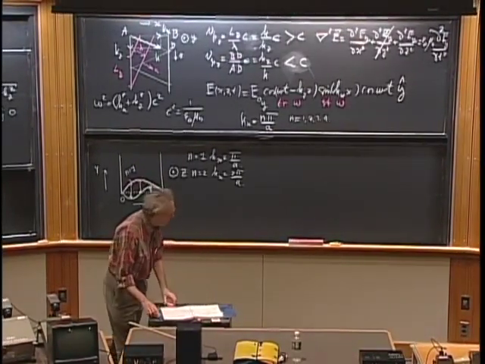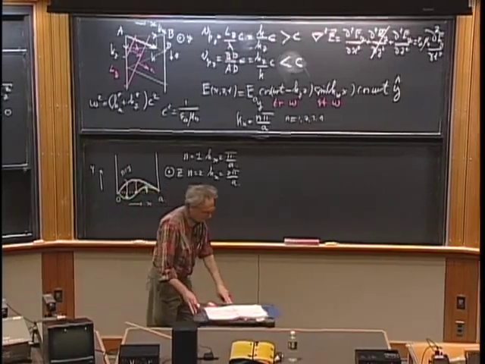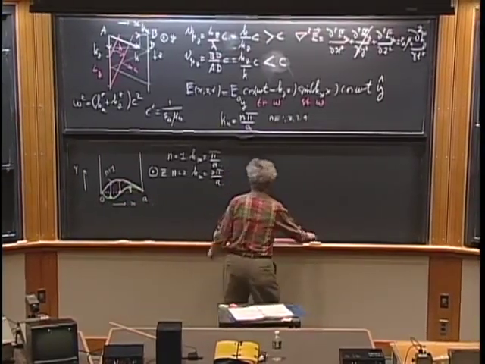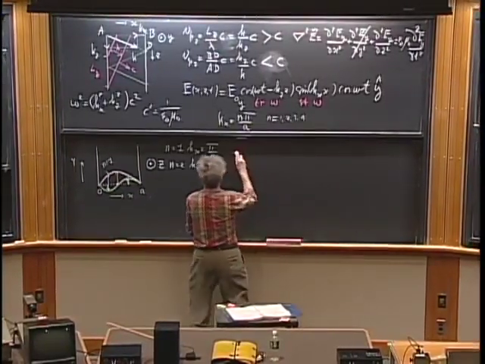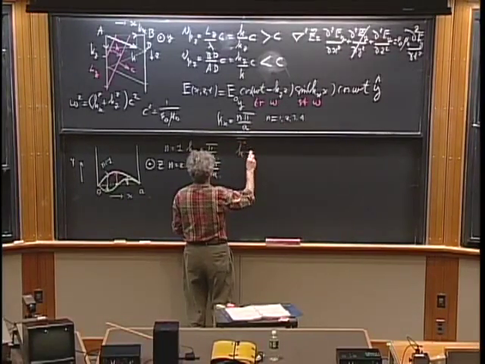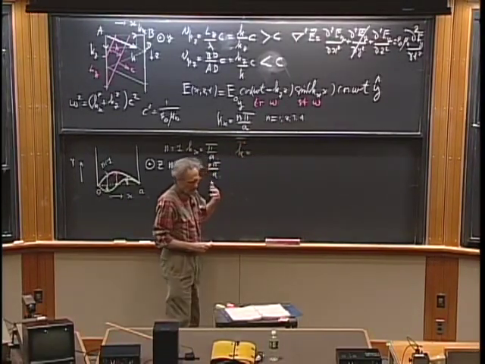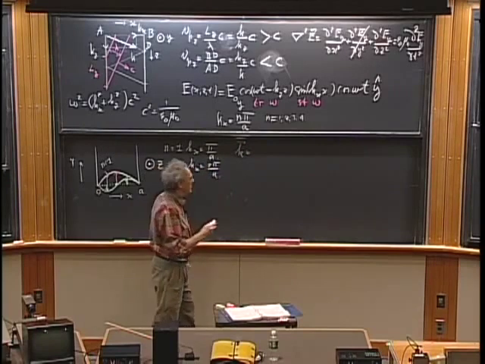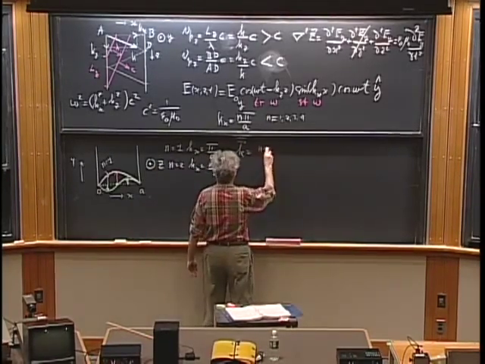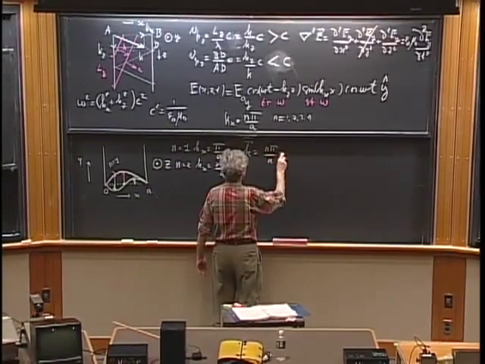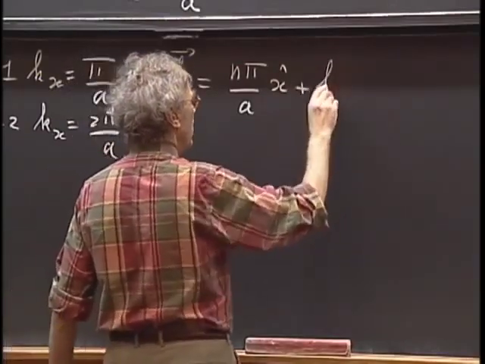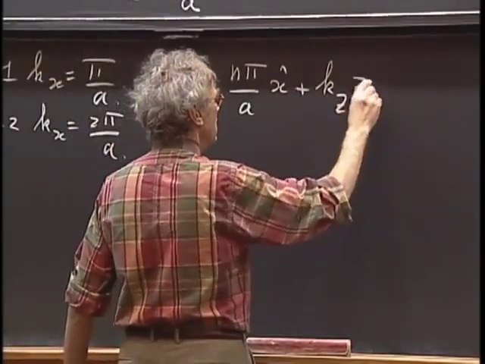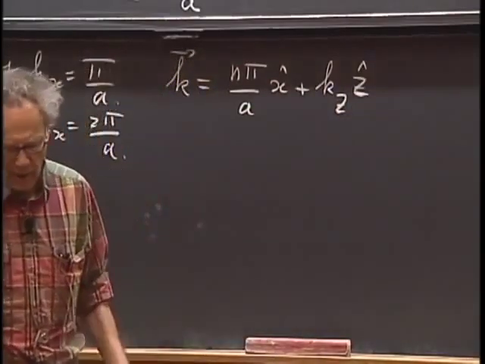So we can write down now the k vector. So the k vector now is kx times x, but kx is n pi divided by a in the x direction, and then I have a kz in the z direction, and there is no ky. Ky is 0.